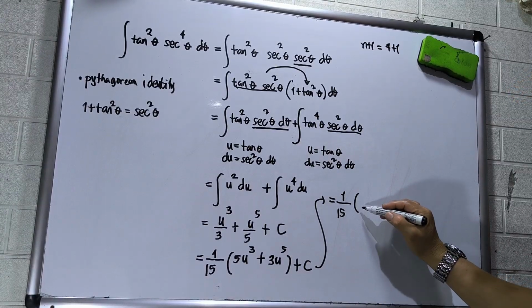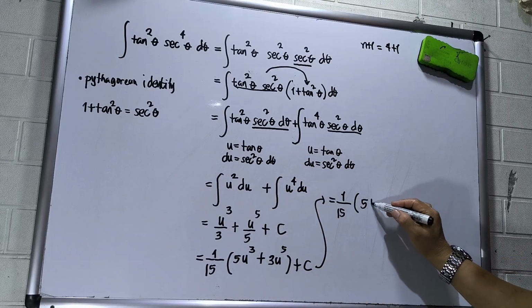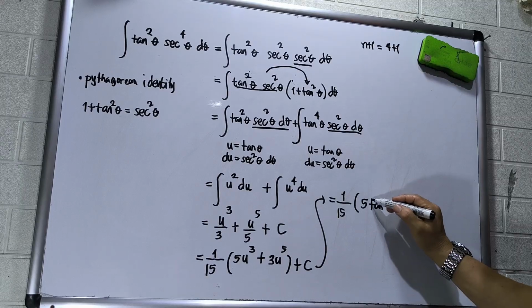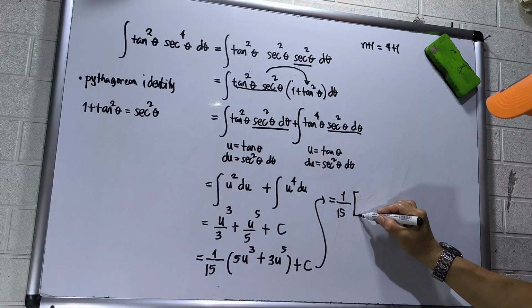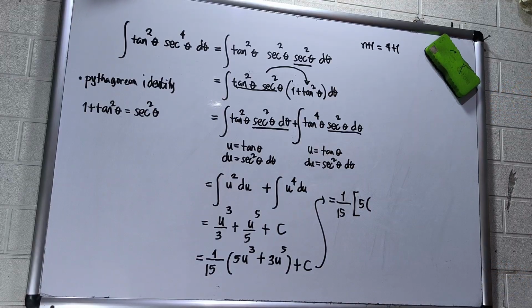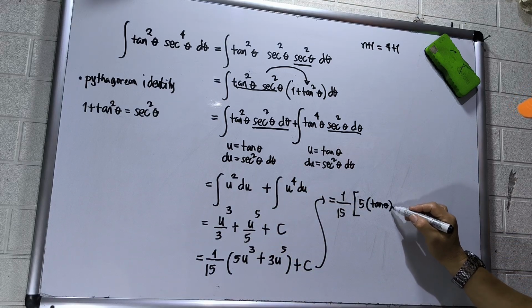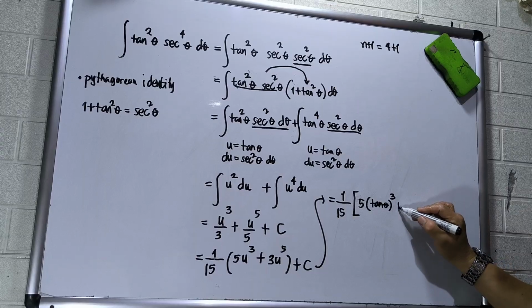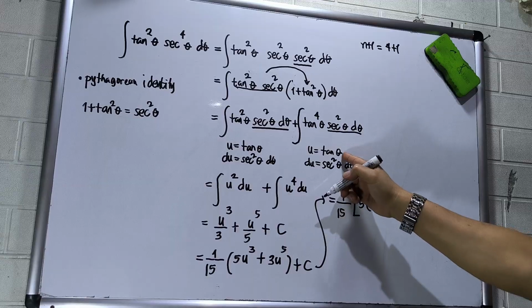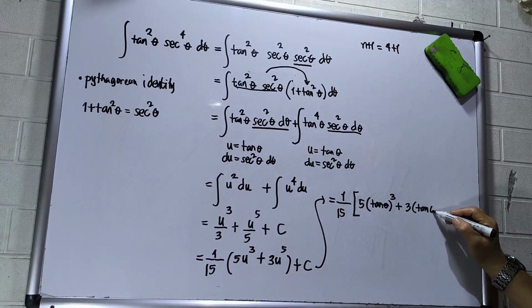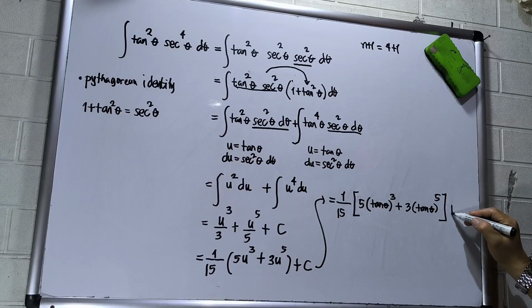Then, I will use square brackets first, 5 circle brackets, u cubed, so meaning tangent theta to the third power, then plus 3 circle brackets, tangent theta to the fifth power, then plus c.